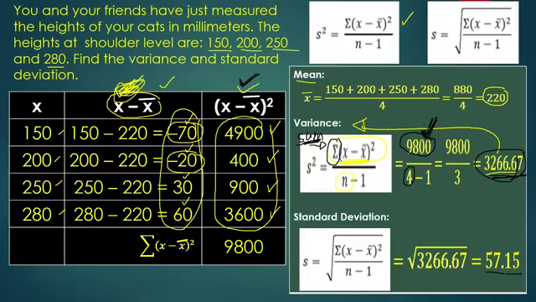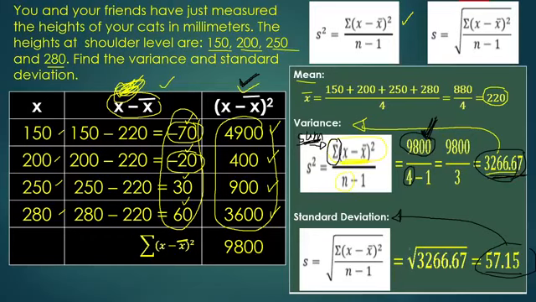Pila yung sunod ni 5? Again? Let me try to check. 3266.67. Oh, okay. So, our answer is simply 57.15. So, this is now our standard deviation.